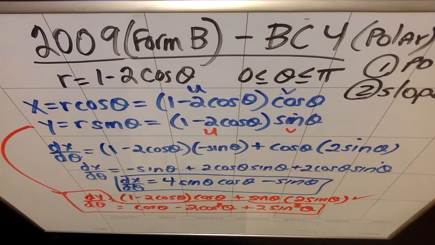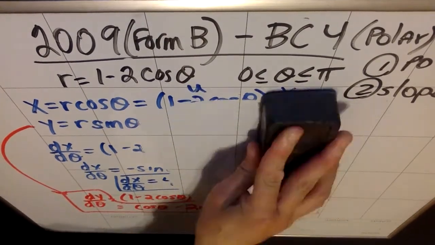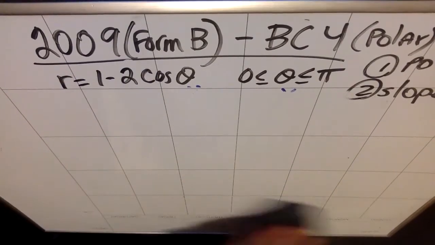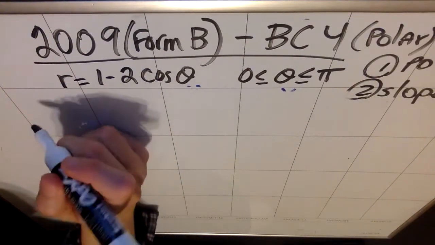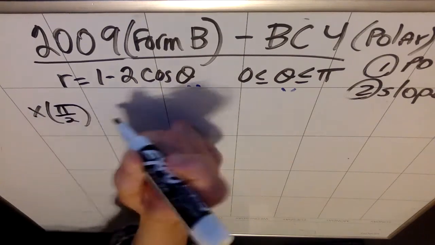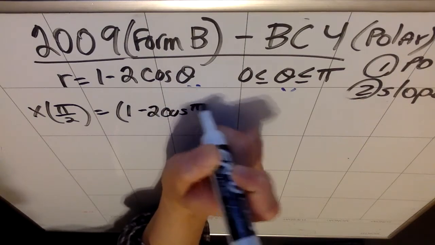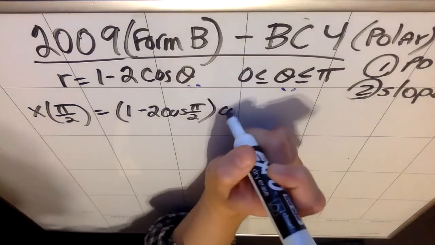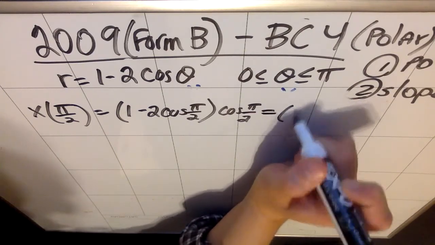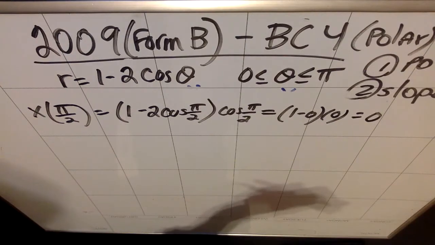So I'm going to go ahead and be kind of a lazy bum and erase this, even though I'll regret it, but I just don't have enough space otherwise. So let's go ahead and find my x coordinates. I know that my x at pi over 2 should be my r, which is 1 minus 2 cosine pi over 2 times cosine pi over 2, right? Well, that means that I get a 1 minus 0 times a whole bunch of 0, which means that my x coordinate is 0.